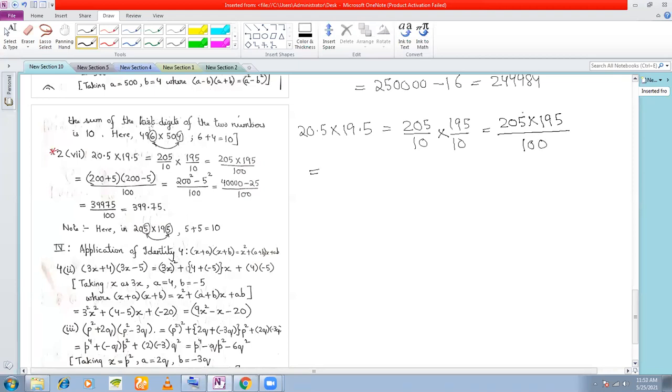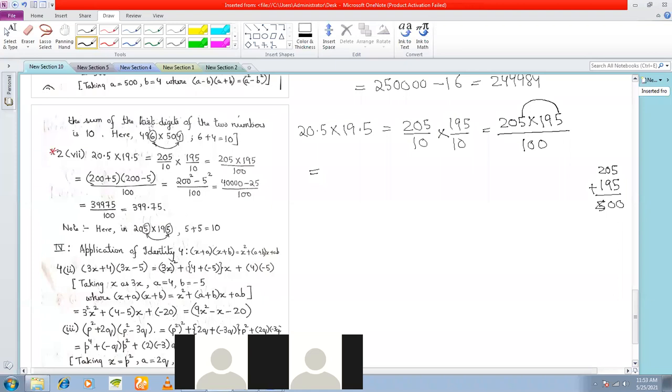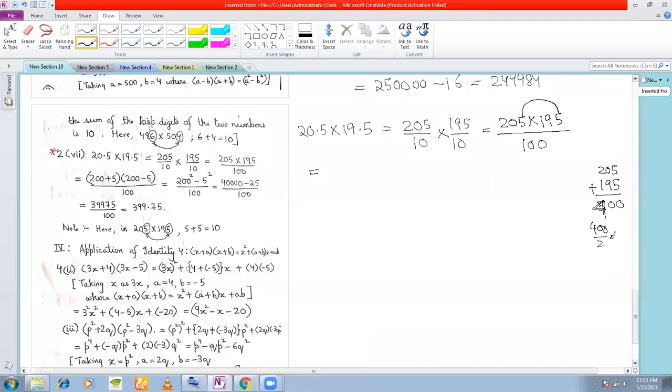Again here, in order to multiply the numerator, you see that 5 plus 5 add up to 10. So in the rough, you add up the two numbers, 195 plus 205. You get 400. Now this 400, you divide by 2 to get 200.